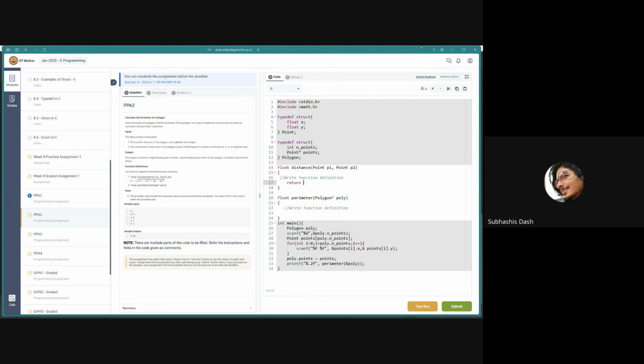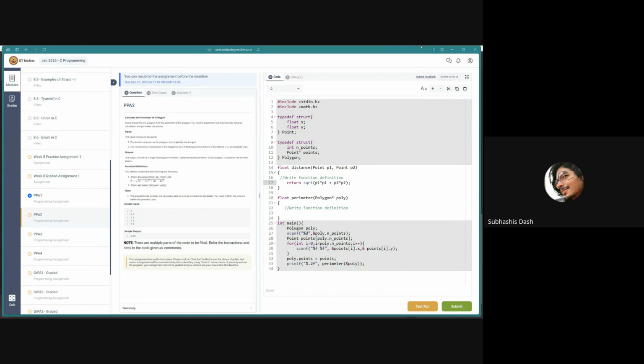So we have this one. I believe sqrt is the function, and we want P1 twice plus P2 twice.